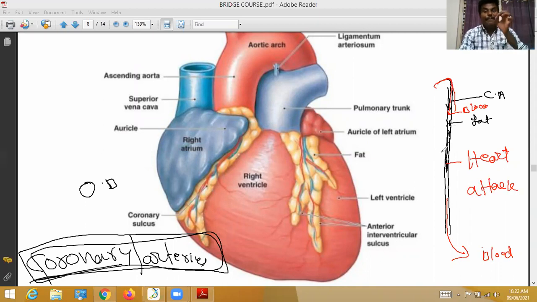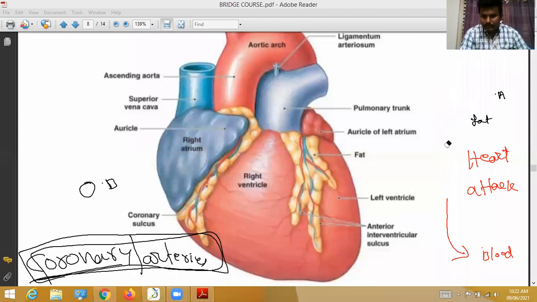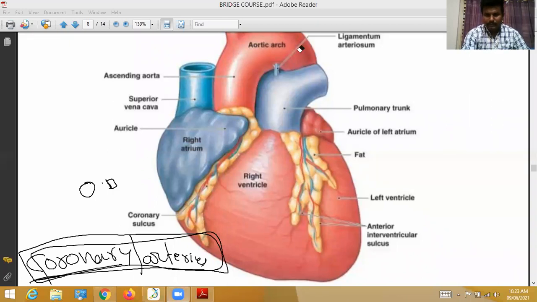They will do a bypass surgery. Bypass surgery means what? See here, this is the coronary artery. This coronary artery is blocked with fat.